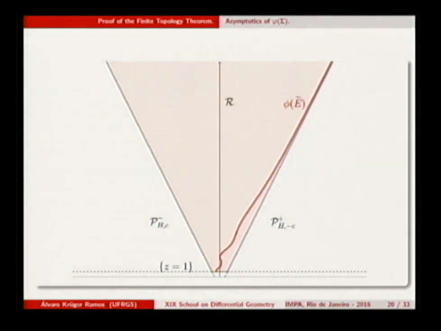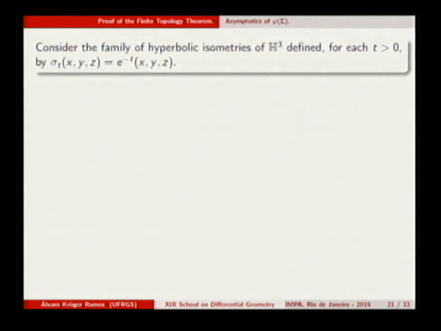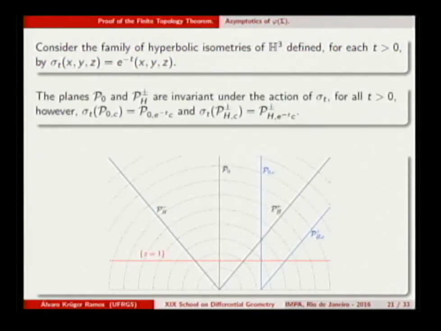What did I do from this picture to this picture? I showed higher heights of H3. So how do we do this? How do we show things that are happening at infinity better? We bring them down. We just translate everything down. That's the idea. Consider a family of hyperbolic isometries of H3, which are exactly this. You bring this level to a lower level. You start bringing things to the origin of H3. What happens to the planes P0 and PH plus?